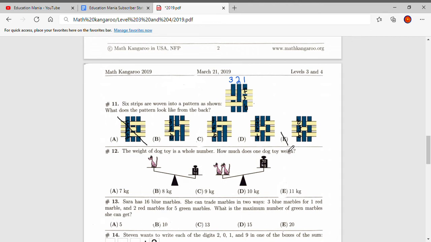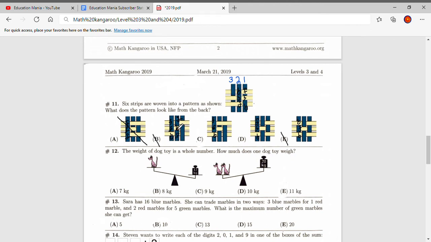Now the second one is at the moment front, front, back. But this time it's going to be back, back, front. A was already ruled out, so B. B displays front, back, front. And that does not match because it's back, back, front.